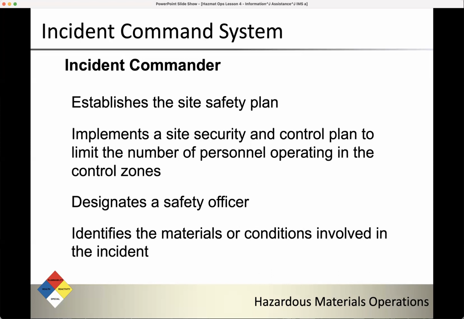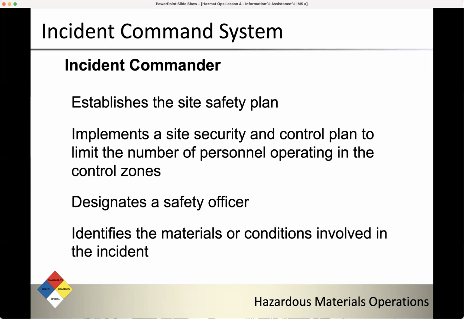Now, when it says establishes a site safety plan, the incident commander doesn't have to write out a formal site safety plan. They can have a safety plan in their mind. Eventually, it needs to get written down. They can also designate somebody to come up with a site safety plan. Hey, buddy, you're the safety officer now. Come up with a site safety plan.